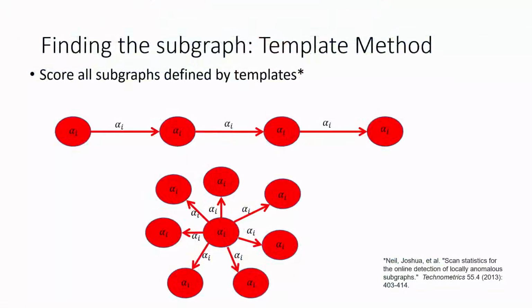That works. But another way to do it is to define some templates and then enumerate that template in your giant graph everywhere you can. Collect the scores from those small templates, like here's a path and here's a star. Those are templates that I'm going to slide over the whole graph. I'm going to enumerate all the paths of length 3.